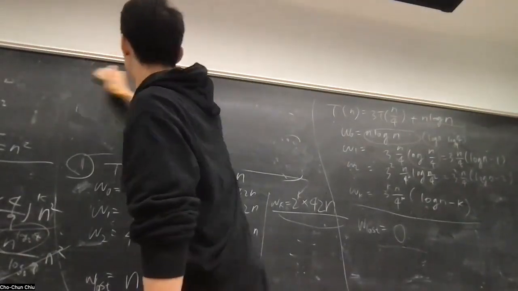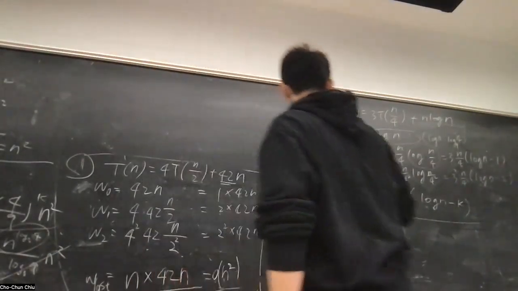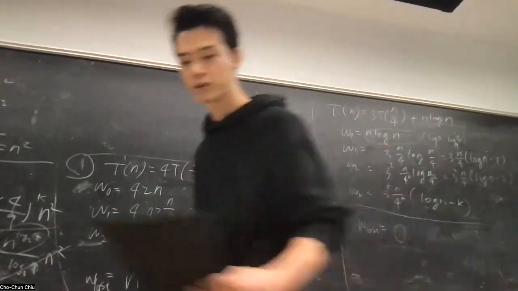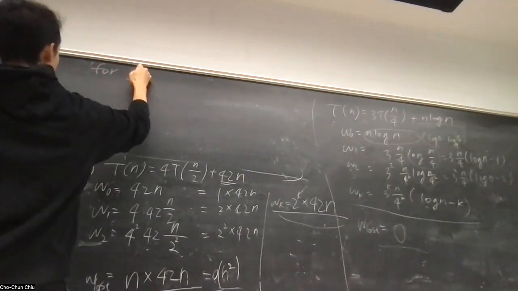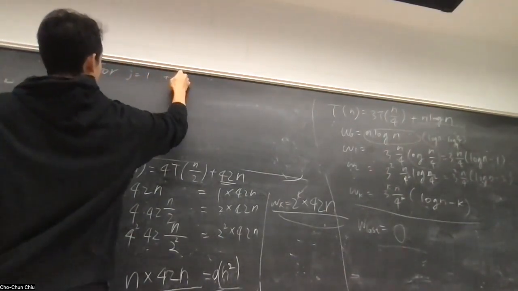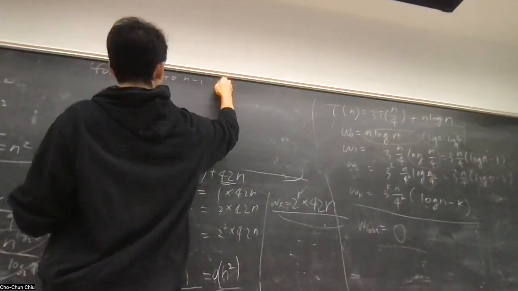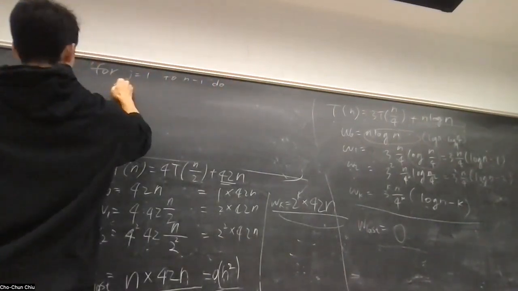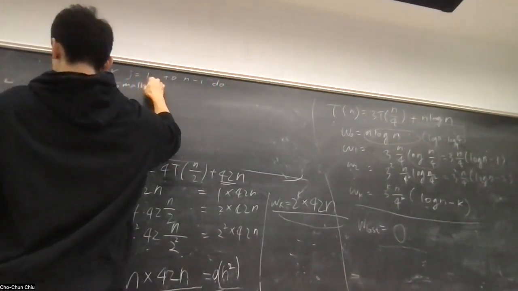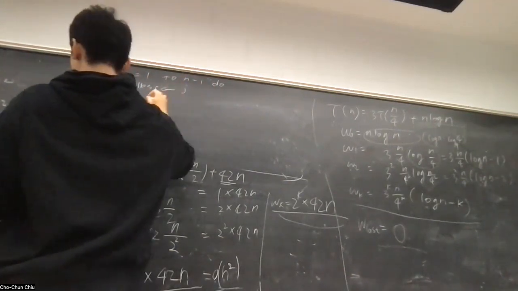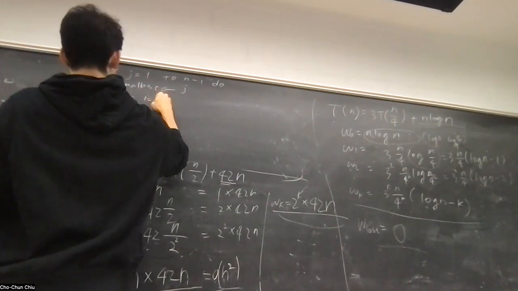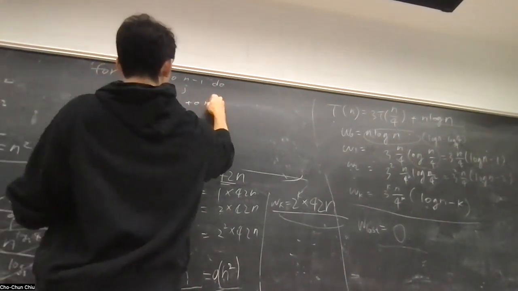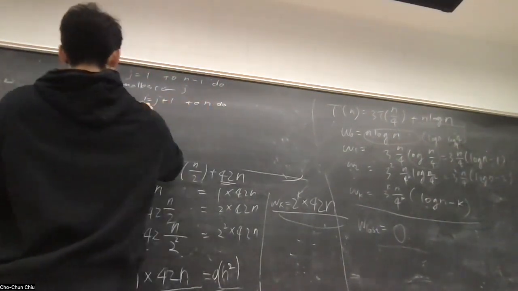Okay, let me explain the first question. The first problem we want to solve. So the first problem is going to be a for loop. j is equal to 1 to n minus 1, and then we do sorting, right? So the smallest, j, and then for i is equal to j plus 1 to n, we do something in the comparison.